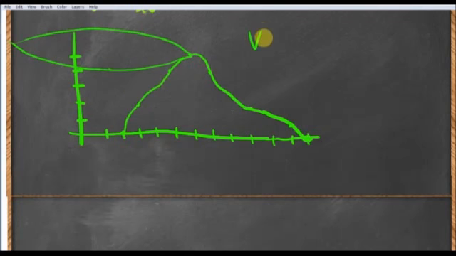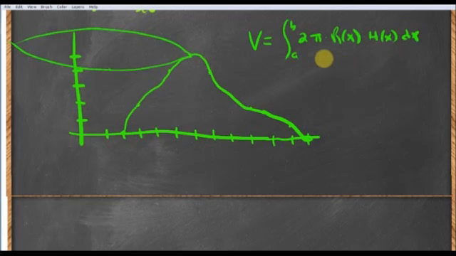Now the formula for the shell method is 2 pi times the radius times the height times dx. Okay. So what we would do is we would draw a typical shell.